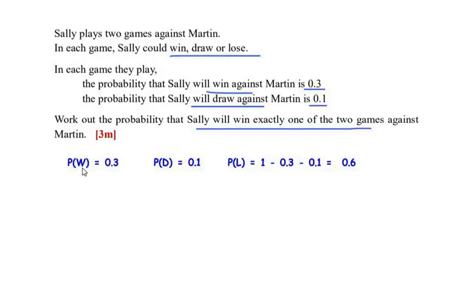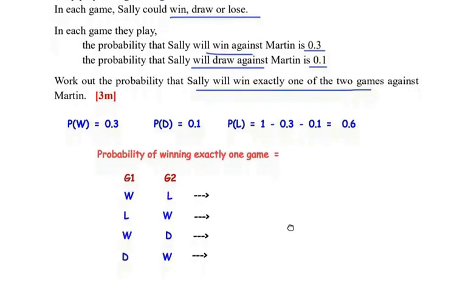So probability of winning is 0.3, there will be a draw is 0.1. So probability of losing the game is going to be 1 minus winning is 0.3 minus there will be a draw is 0.1. So here we get the probability of losing the game as 0.6. That is 1 minus 0.4 is 0.6.